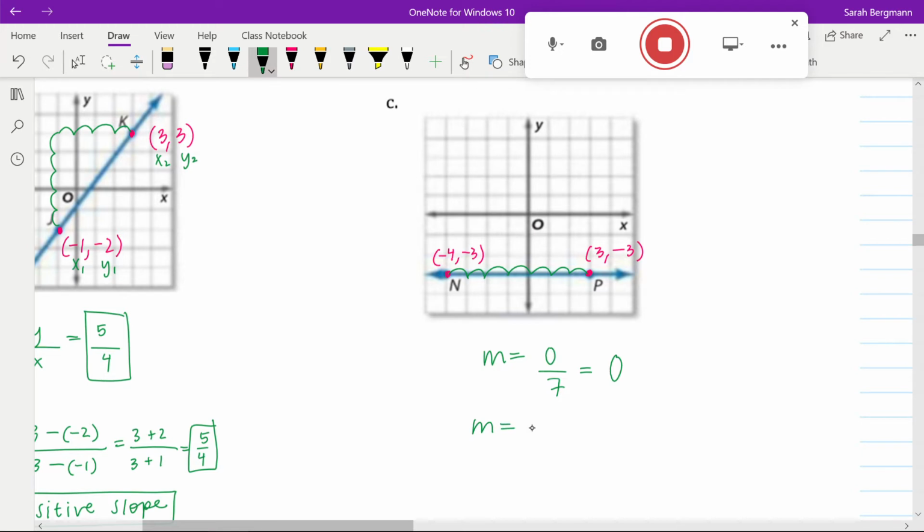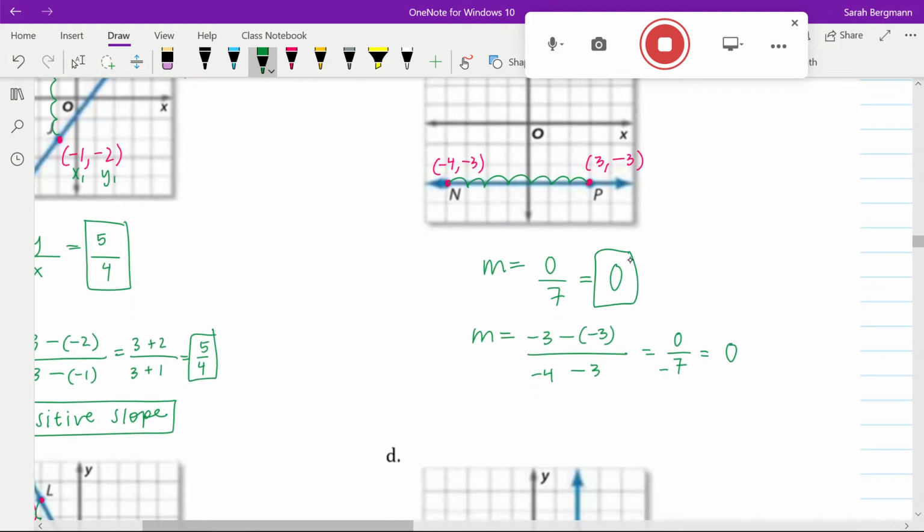If you calculated this using the slope formula, you could do negative 3 minus negative 3 over negative 4 minus 3. This is 0 over negative 7. Remember, 0 divided by anything is 0. So the slope of this line, or any horizontal line, is 0. It's classified as a 0 slope.